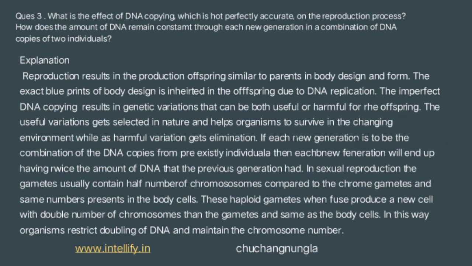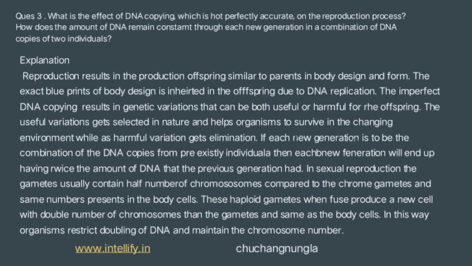The exact blueprint of the body design is inherited in the offspring due to DNA replication or DNA copying. The imperfect DNA copying results in genetic variations that can be both useful or harmful for the offspring. The useful variations get selected in nature and help organisms to survive in the changing environment, while harmful variations get eliminated.